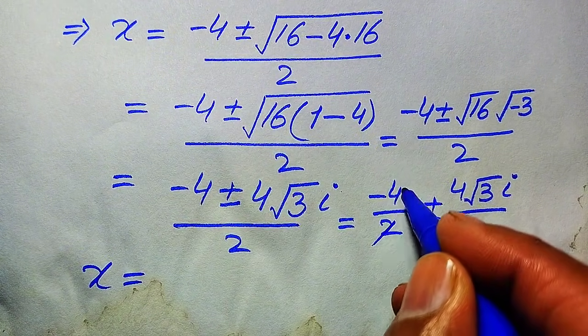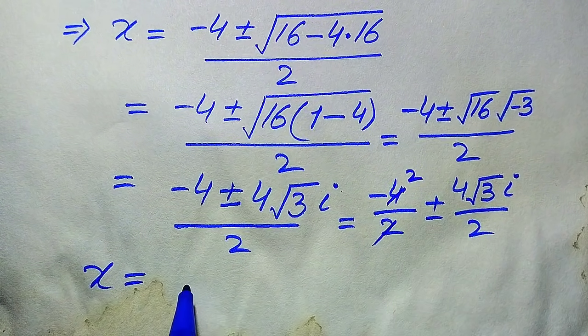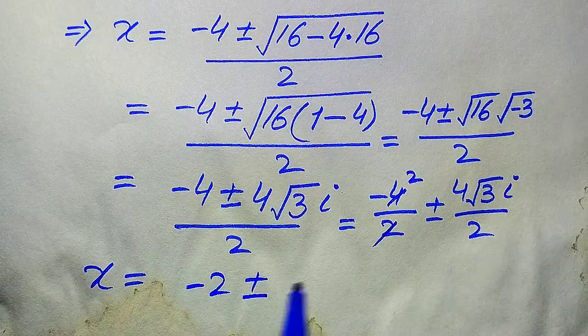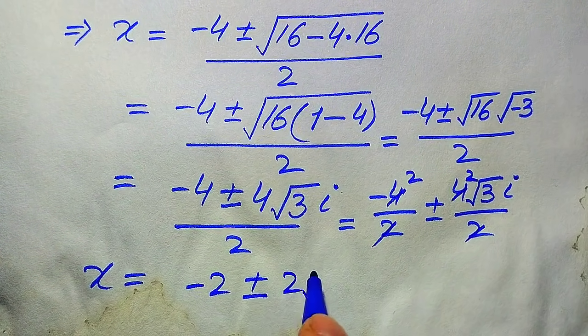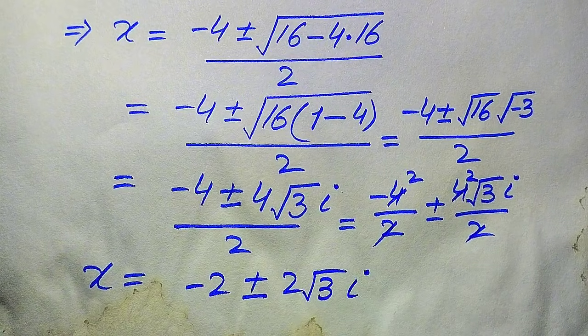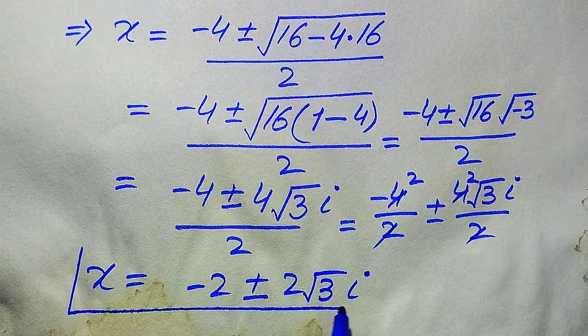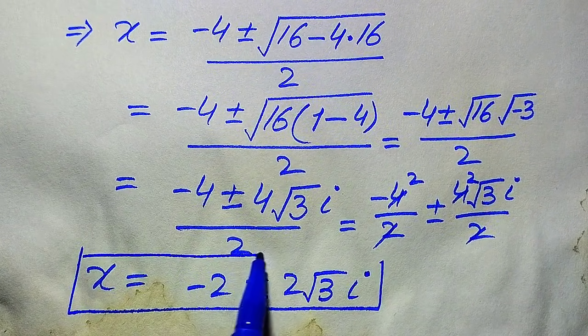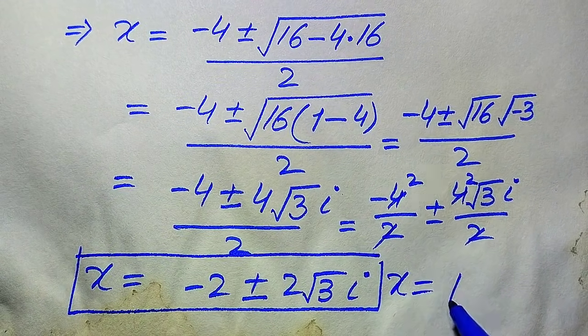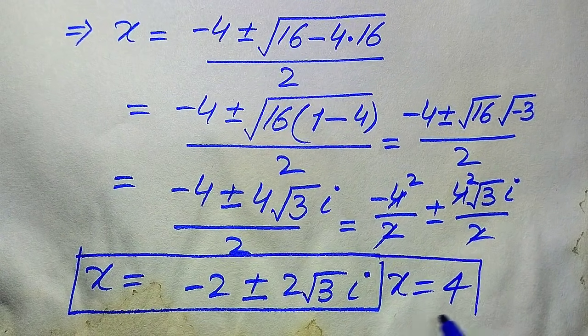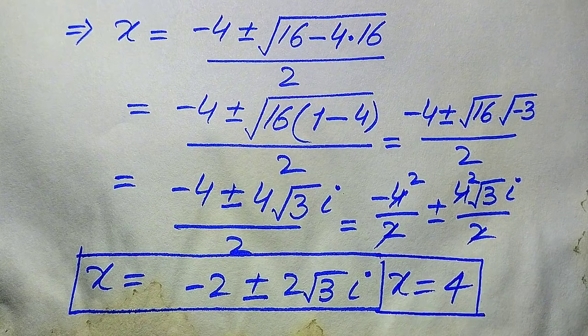Here 4 divided by 2 becomes 2, and we get minus 2 plus minus, and 4 divided by 2 becomes 2, so we get 2 times square root of 3 times iota. These are the other two complex roots of the given equation, and finally we have x equals 4 as the one real root of the given equation.